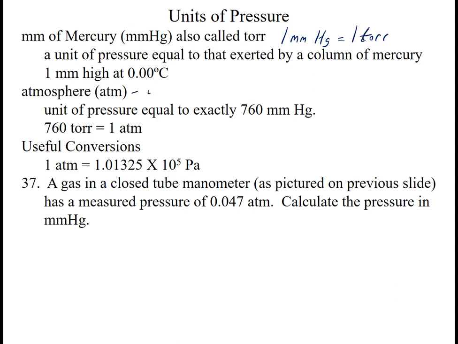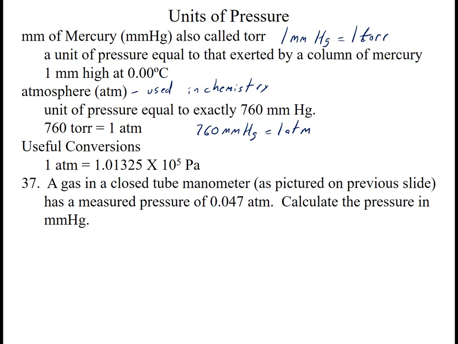The atmosphere, used in chemistry, is equal to 760 millimeters of mercury. So 760 torr, or 760 millimeters of mercury, is equal to 1 atmosphere. I don't give you this number anywhere, so you must memorize it.